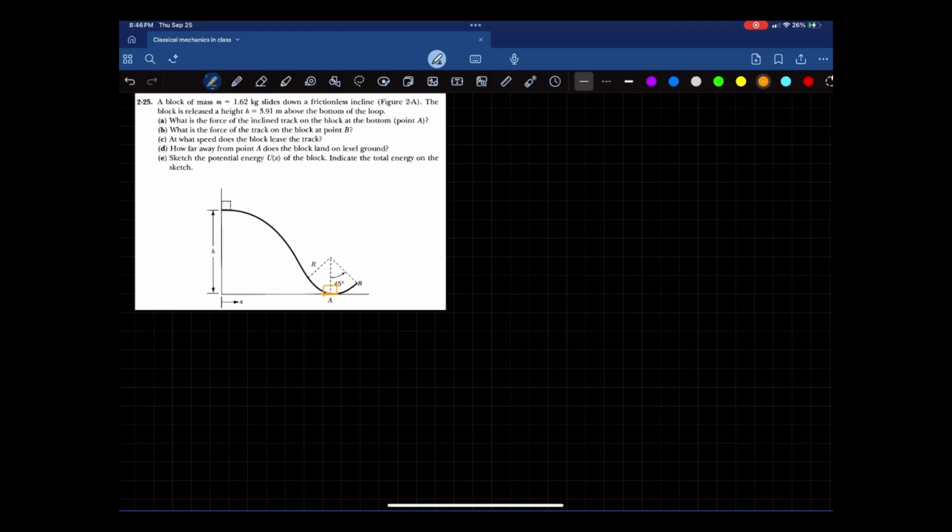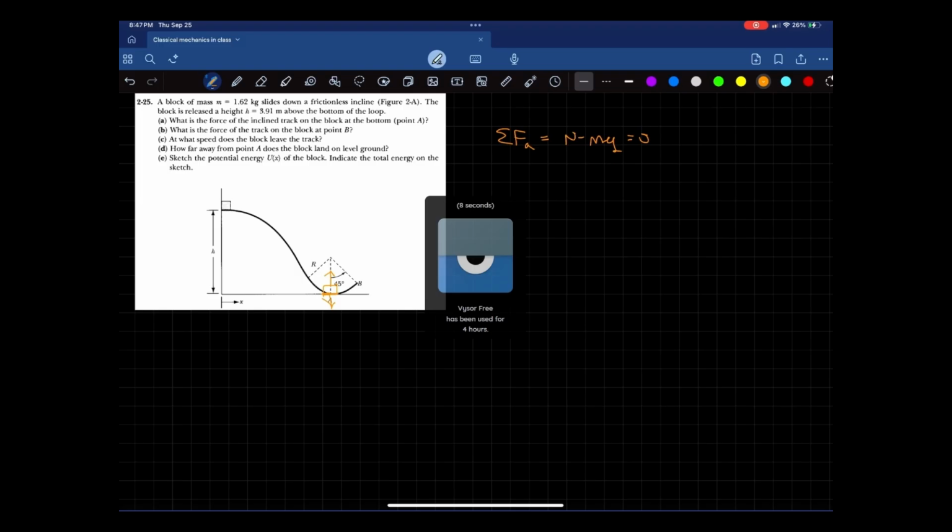That means the only forces acting on the block are the normal force and the force of gravity, at that instant at point A. So the sum of the forces at point A is just N minus mg equals 0, because it's in equilibrium in the y direction. It is no longer moving up or down. So that's pretty much it.